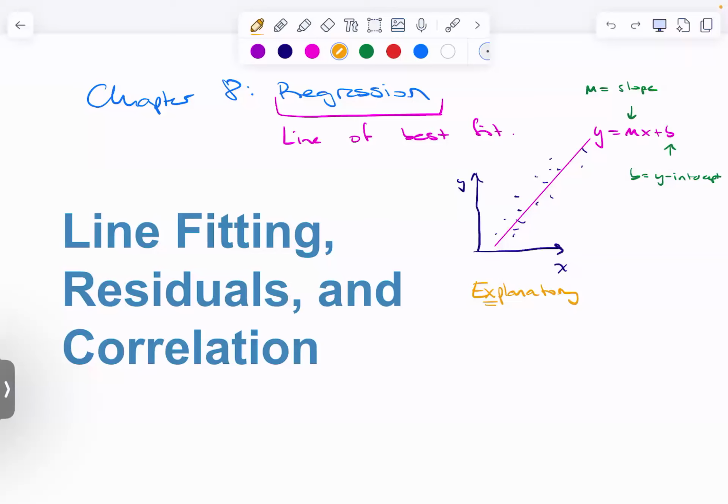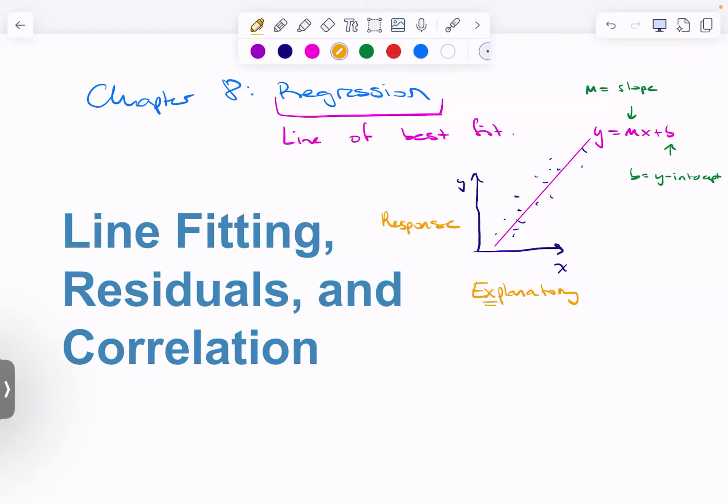And this is the response variable y. You only have to keep track of one of those to know where the other one goes, right? And so knowing that the explanatory variable goes on the x-axis, then the response goes on the y-axis.